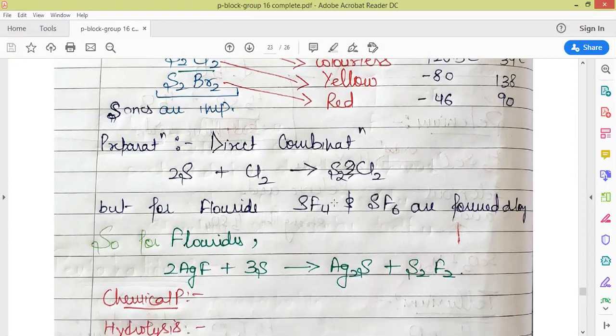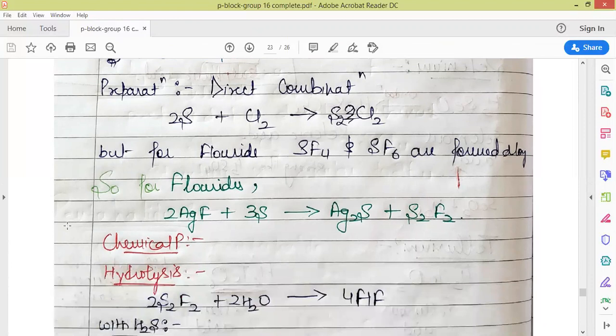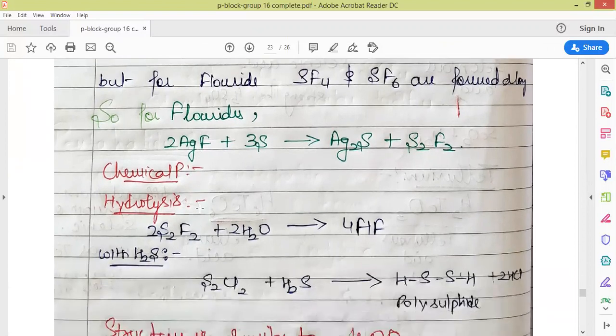So for fluorides, we have a separate reaction. This is a synthesis for the monohalide of fluorine, S2F2, where AgF is reacted with sulfur to give Ag2S and S2F2.